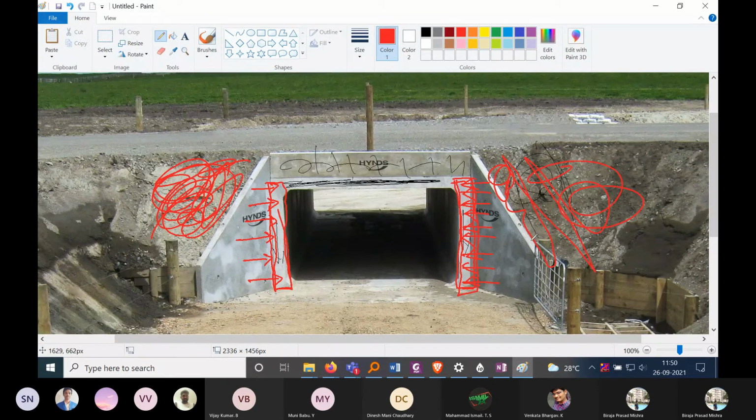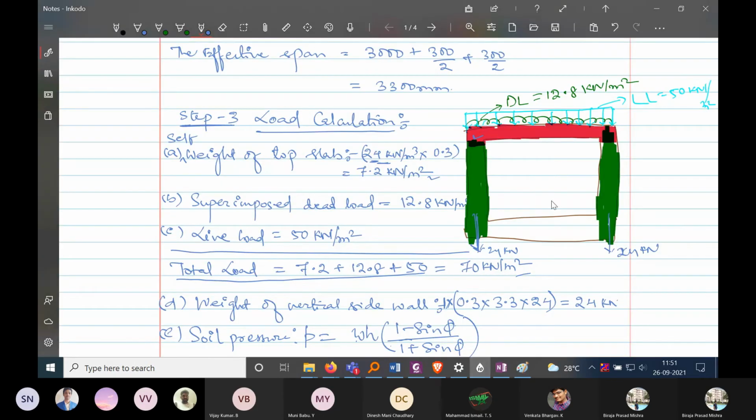The ultimate lateral pressure due to the superimposed dead load and live load. This is for the lateral soil, and due to the superimposed dead load and live load also, we will have certain uniform lateral pressure in the sidewall as well.